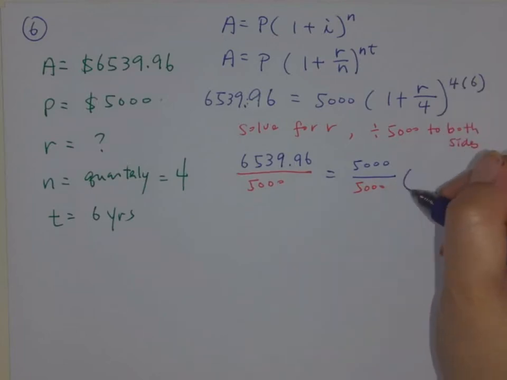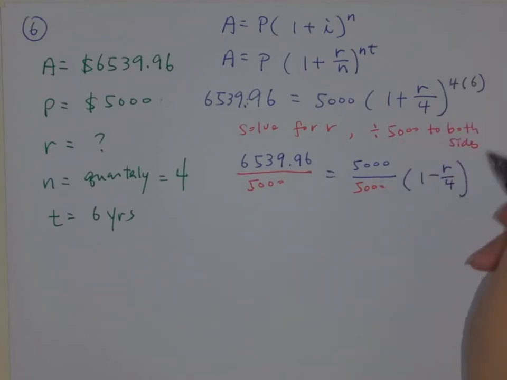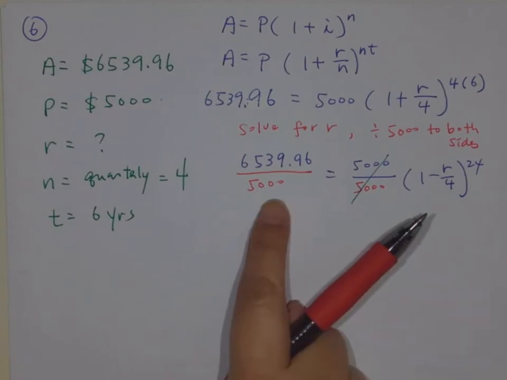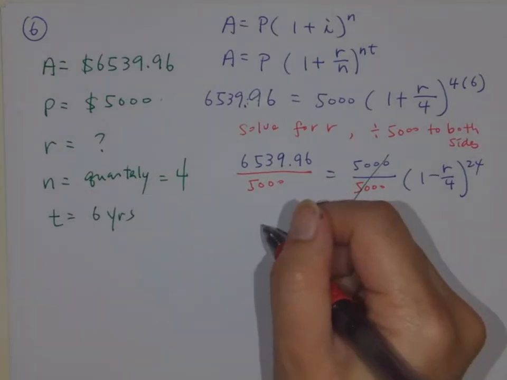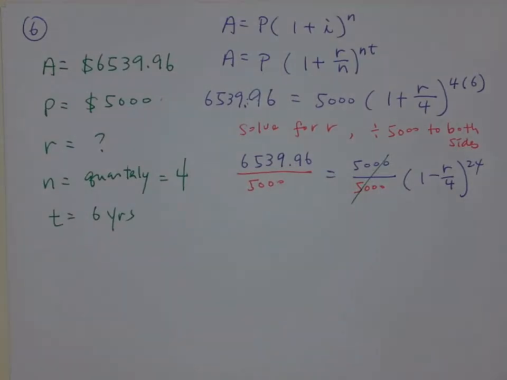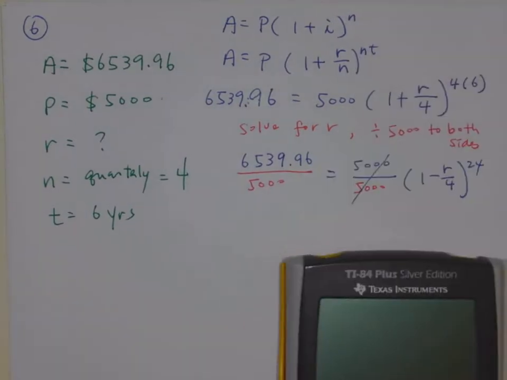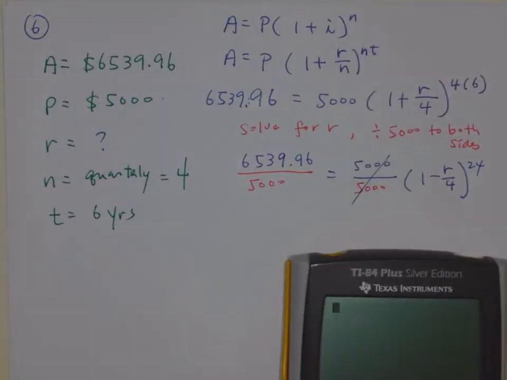And then we have 1 plus r over 4, to the 4 times 6, which is 24, right? So on this side, the 5,000 is gone. And it looks like this is not a nice number, so please don't round it until the very last step. This is going to be a really long number, probably. 6,539.96 divided by 5,000.